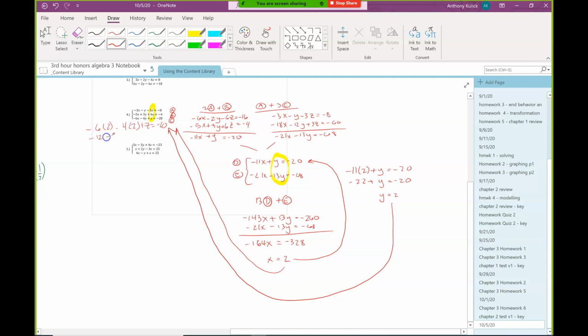Negative 12 minus 8 plus z equals negative 20. And that's negative 20. So when I add it to both sides, I get 0. So my solution then is X, Y, Z. Does that feel okay? You're welcome.